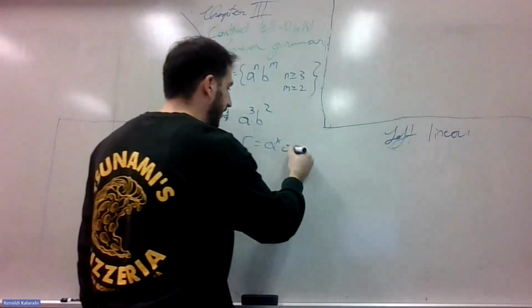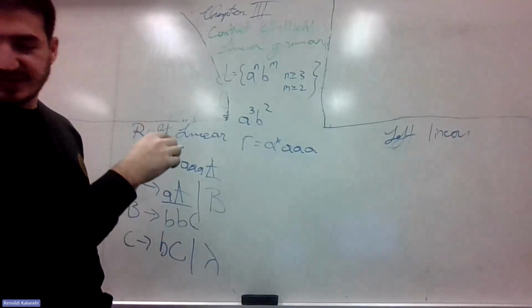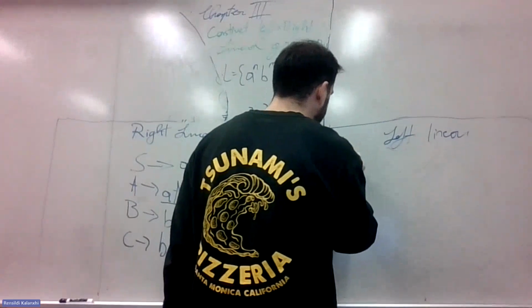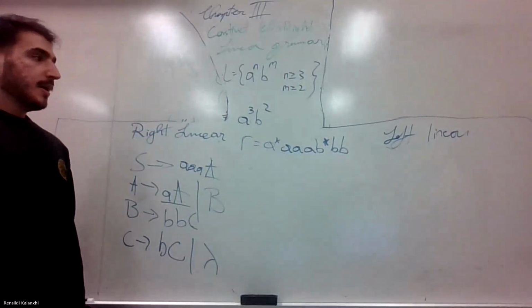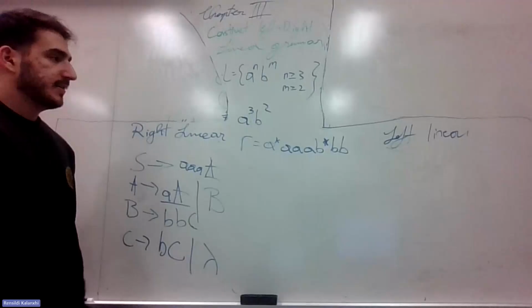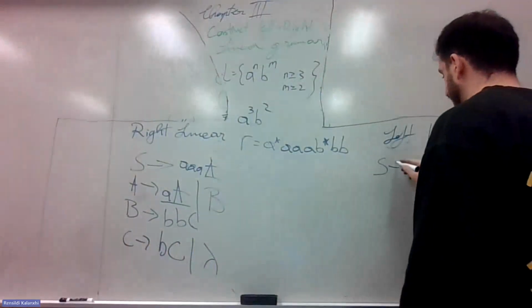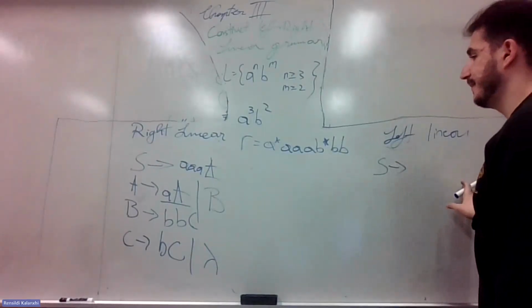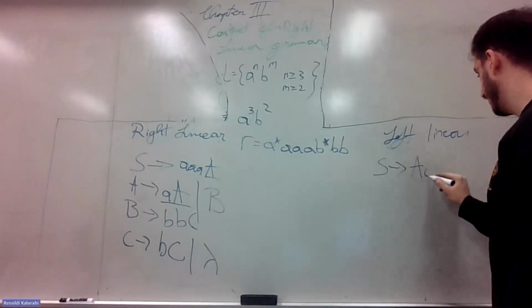And then we add 3 A's, and then again B star, 2 B's. So let's build this. We start with the initial variable. It will be exactly A with 3 A's.